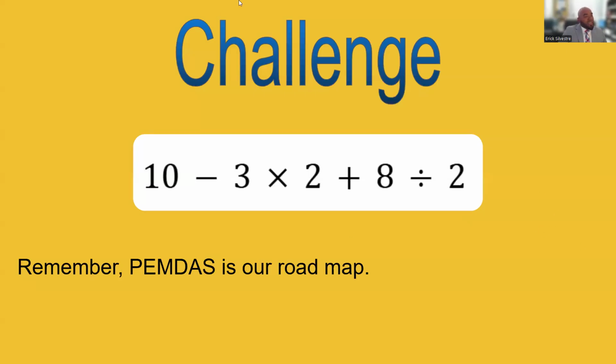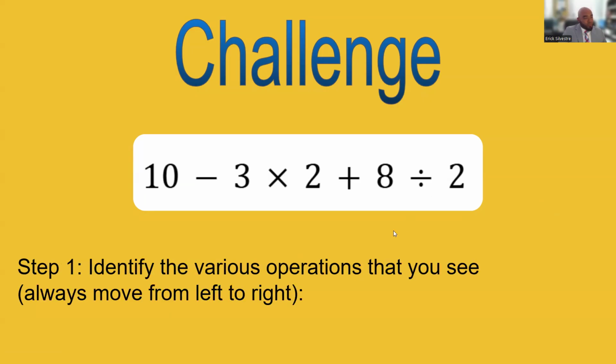If you take a look at the challenge, remember to apply PEMDAS, and PEMDAS is our map. PEMDAS is going to let us know what to do first, second, third, fourth, depending on how many parts that expression has. If I take a look at my roadmap, I see that I have subtraction, multiplication, addition, and division.